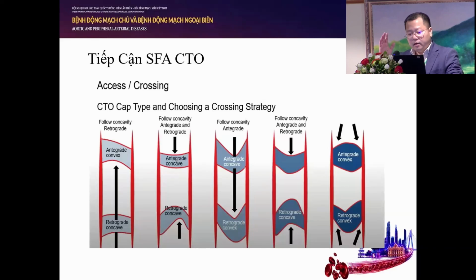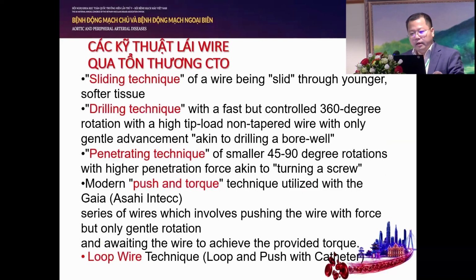If the stump on two sides is convex, maybe we can go antegrade because it is an easier type of CTO in SFA. And if we go antegrade, what techniques do we have? We have the sliding technique, grinding technique, penetrating technique, and so on.